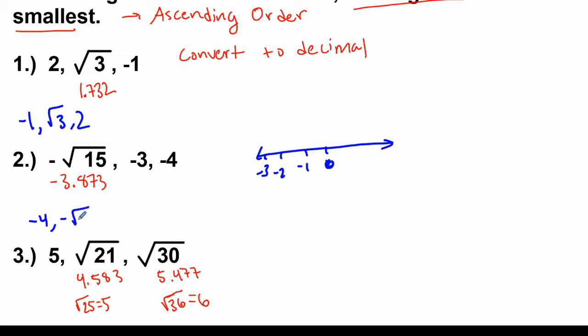So negative root 15 should be in the middle, and then negative 3. Lastly, number 3, looks like the square root of 21 is our smallest, with 5 in the middle, and root 30 at the end.